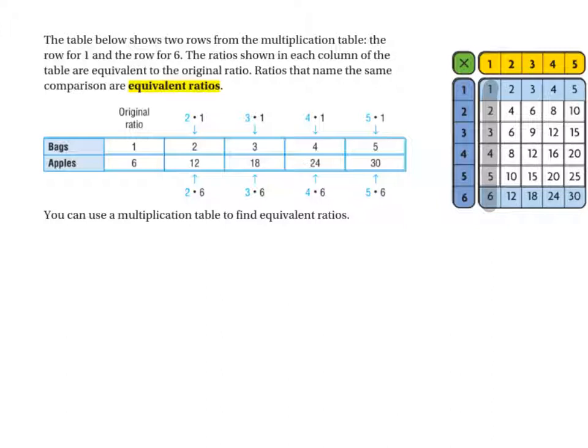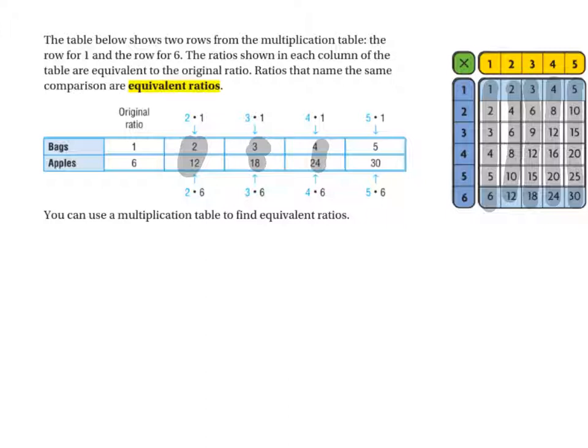So 1 and 6, 2, down to 12. That's how we got 2/12 here. 3 and 18, so we got those two here. 4 and 24, and 5 down to 30. So you can use that multiplication table to find these different equivalent ratios.